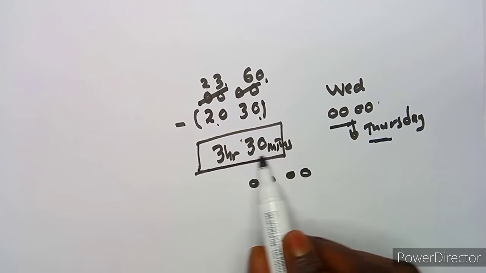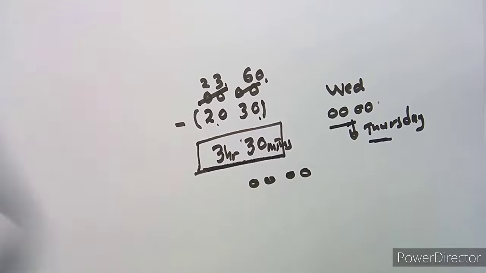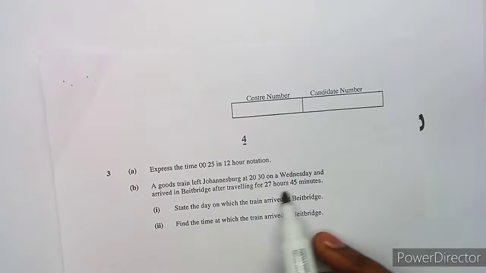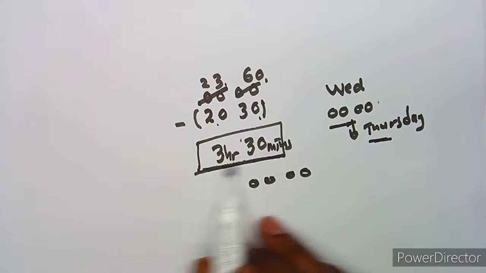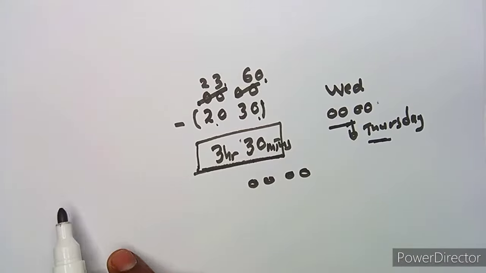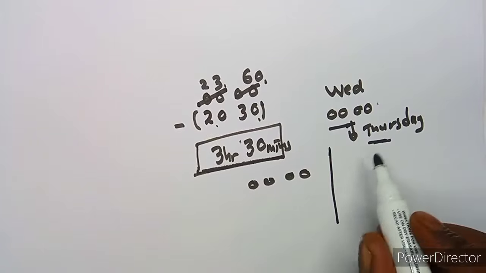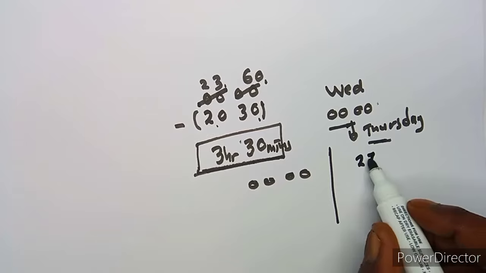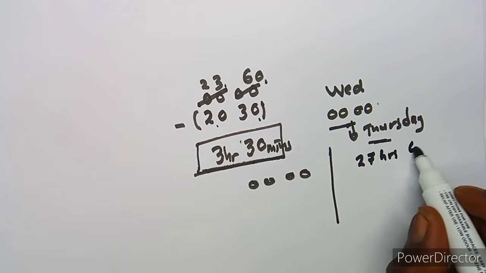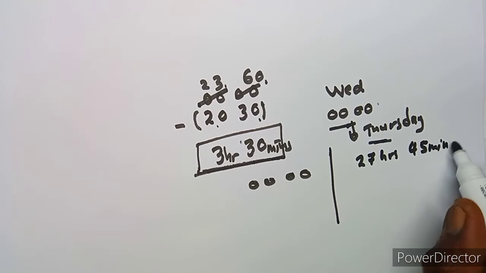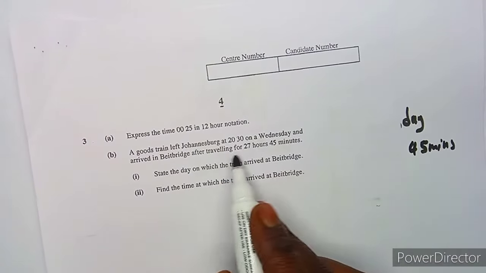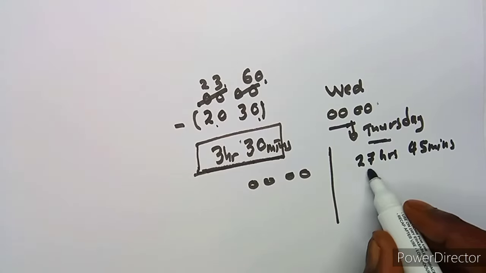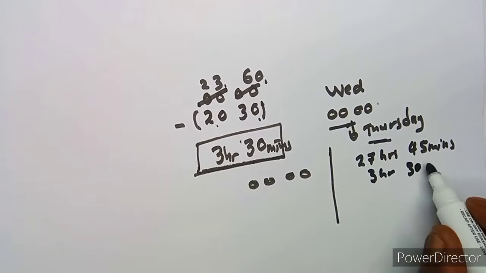So we have to remove these 3 hours 30 minutes from the time that was traveled, which is 27 hours 45 minutes, because we have already taken these hours on Wednesday. So let's subtract: 27 hours 45 minutes is the total time which was traveled, but we are going to subtract 3 hours 30 minutes for the previous day, Wednesday.